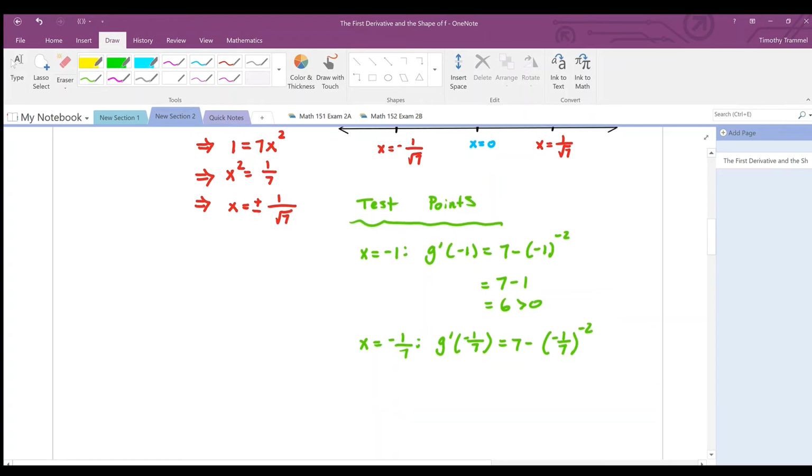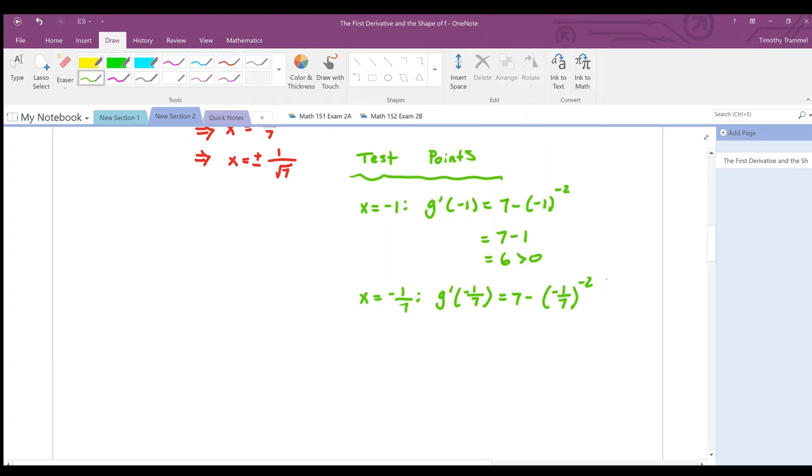Keep in mind, we will be squaring this, and we have this to the -2, so this is going to look like 7 minus, and this -2 is actually going to flip this over so that it's a 7 over 1, and the square itself is going to make it so that it doesn't matter whether this is positive or negative, right?